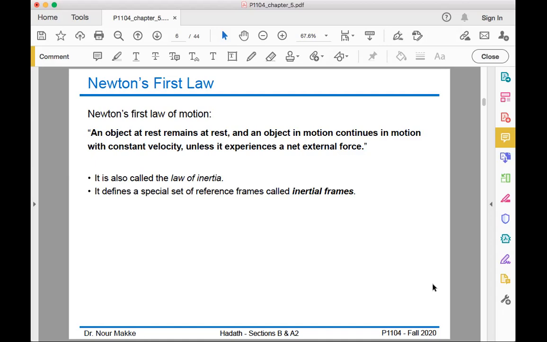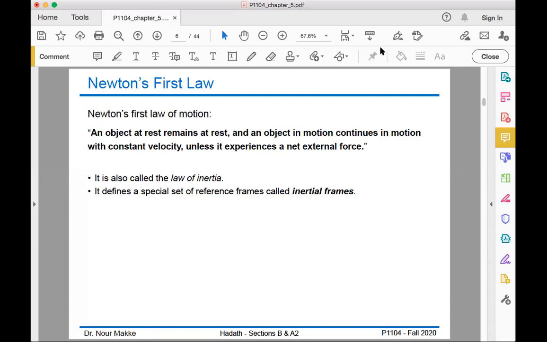A reference frame in general is an X, Y, and Z system that is associated to a physical object, like associated to the earth, associated to a table, etc.